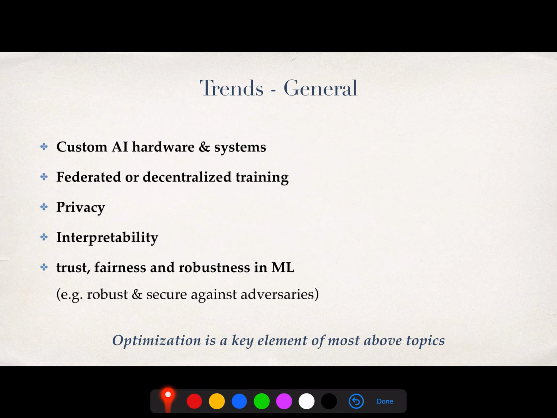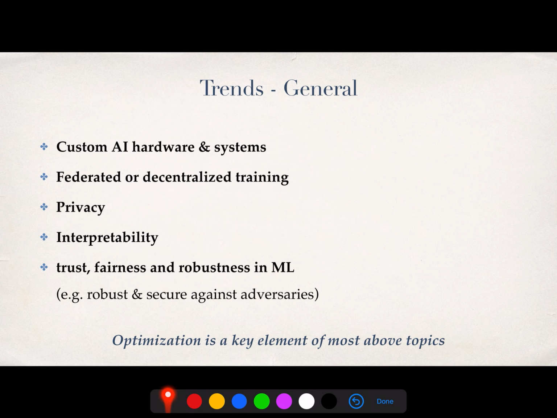Can you have fault tolerance built into your training scheme? All right, and the upshot on this side is just that all of these aspects are very relevant to optimization. So optimization is a tool which can help quite a few, if not all, of these aspects.